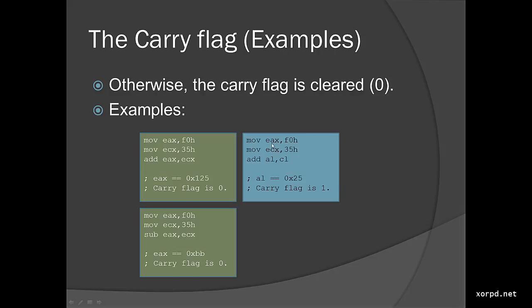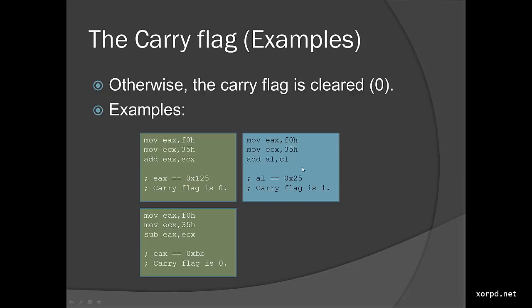Again, we put the same values inside EAX and ECX, but this time we add AL and CL. I remind you that earlier when we did this kind of addition, the addition of this number of size 8 bits and this number of size 8 bits resulted in a number of size 9 bits, which could fit inside EAX. However, this time we add those two numbers, AL and CL, and I remind you that AL, which should hold the result, can only hold 8 bits.